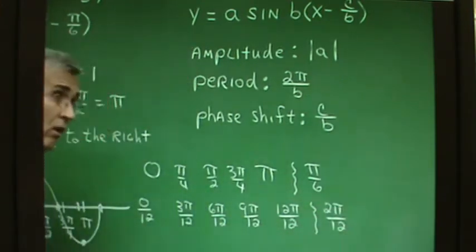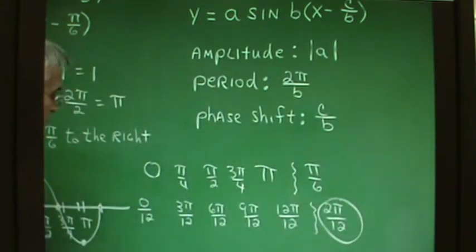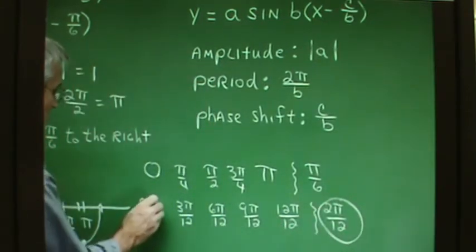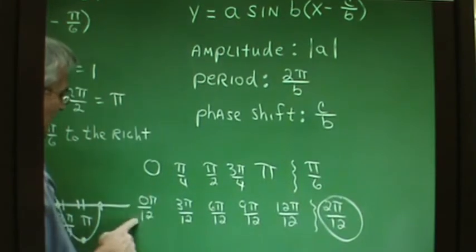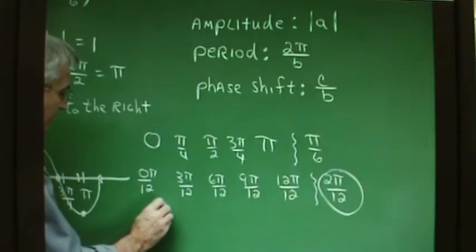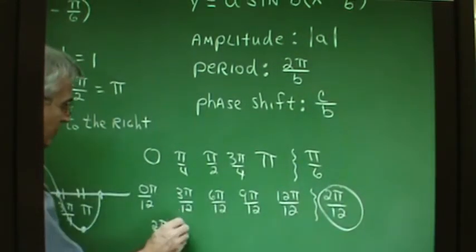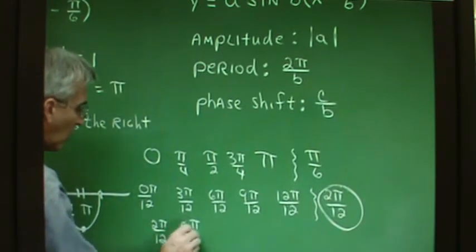Now, with all of that done, I'm just taking this value and adding it to all of these. So 0 over 12, or 0 pi over 12, I guess is fine. 0 pi over 12 plus 2 pi over 12 is 2 pi over 12. And then 3 pi over 12 plus 2 pi over 12 is 5 pi over 12.